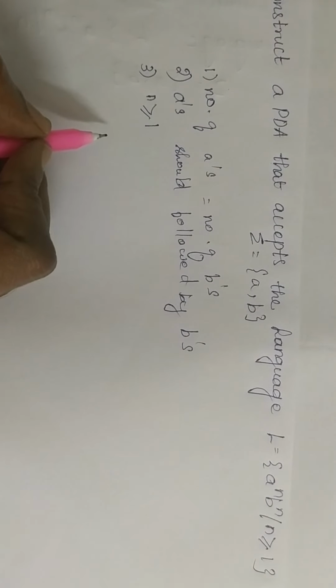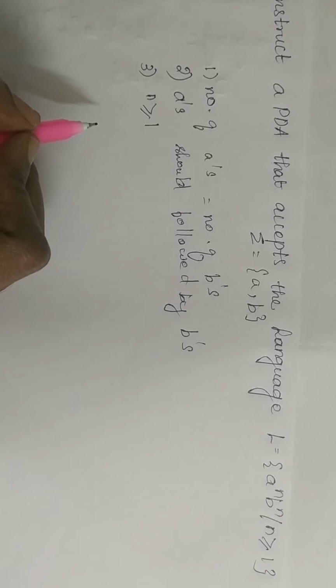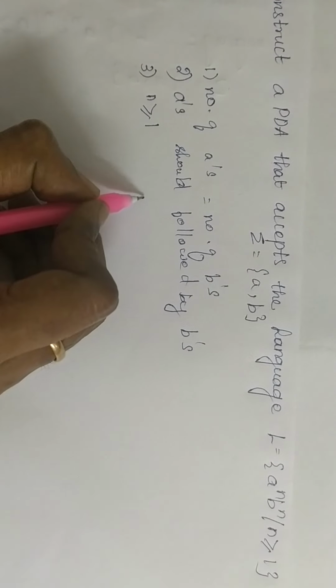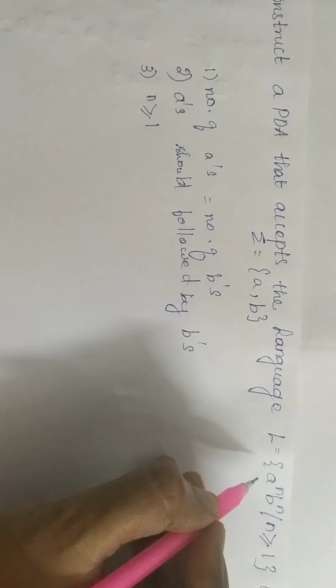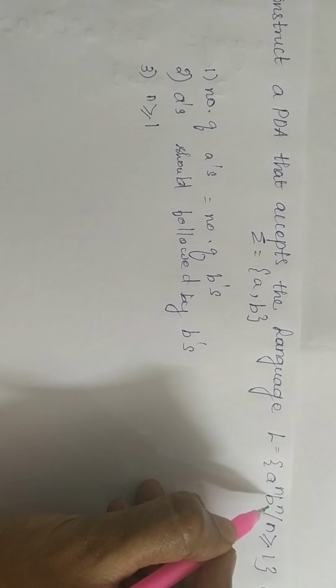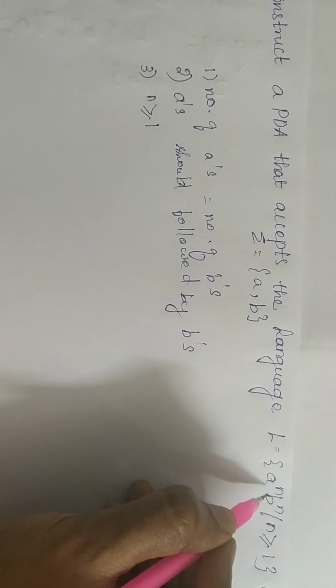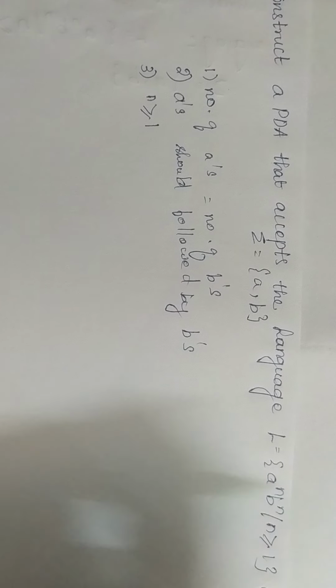Based upon these three constraints, we can develop the strings of the language. Our language is A power n, B power n, so the same number of A's followed by the same number of B's.